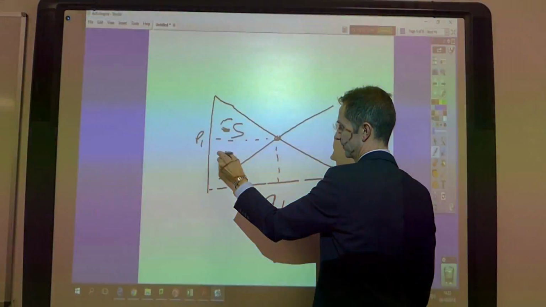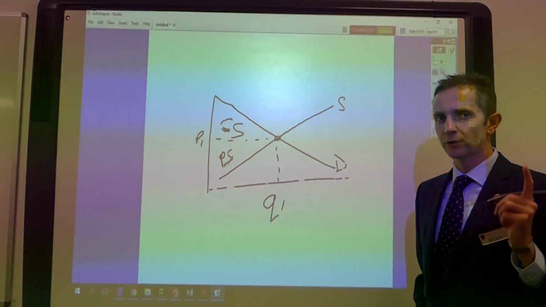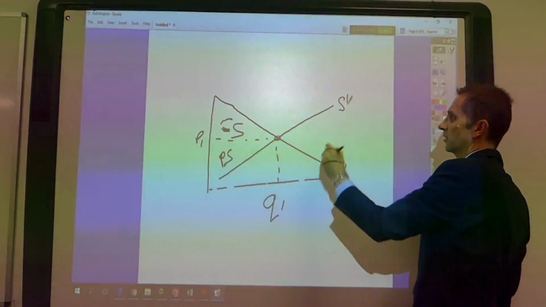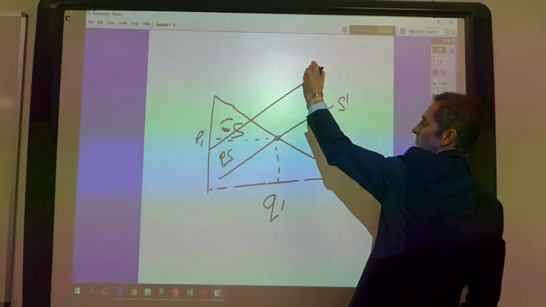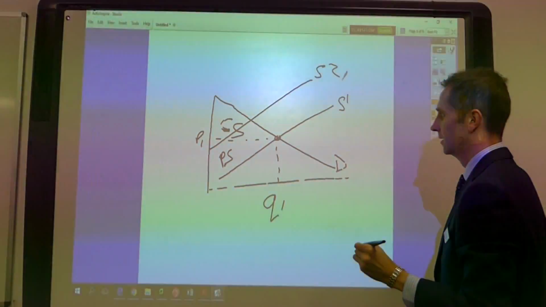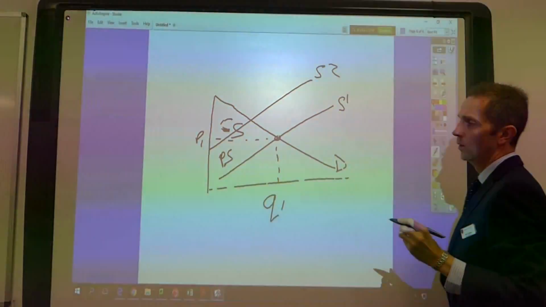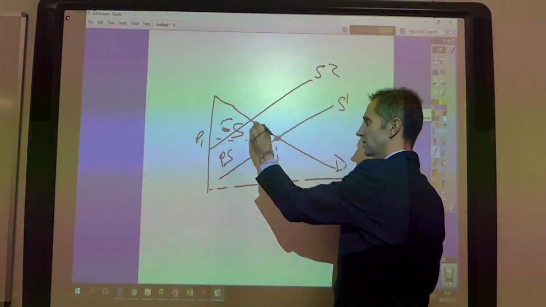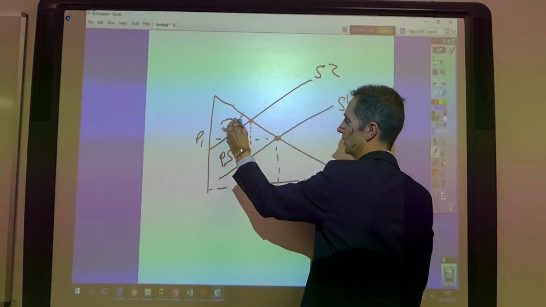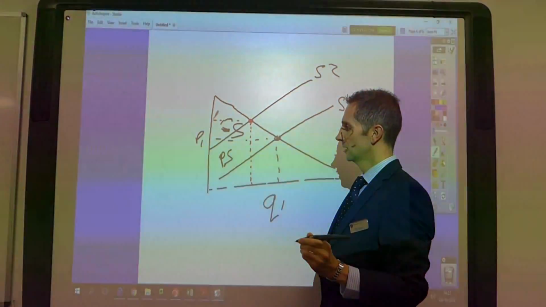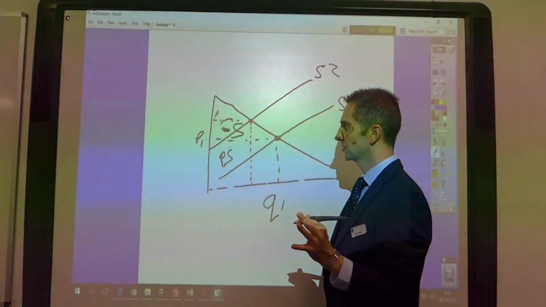This is producer surplus. So if costs of production go up, the supply curve shifts from S1 to S2. So that now becomes our supply curve, S2. Now you've got to think, okay, at this new equilibrium, what has happened to producer surplus and consumer surplus? So again, it's a question of highlight the equilibrium and then indicate the area of producer and consumer surplus.